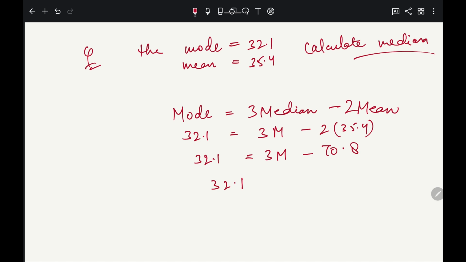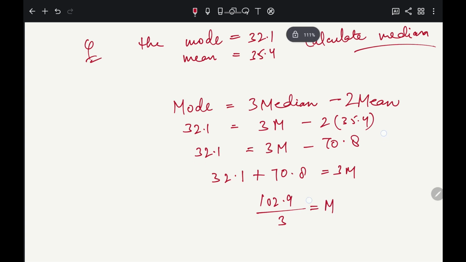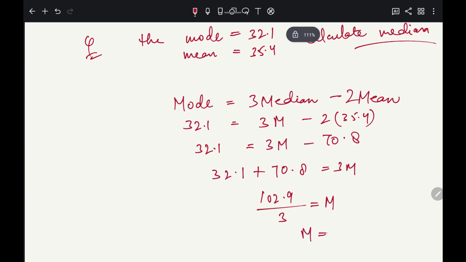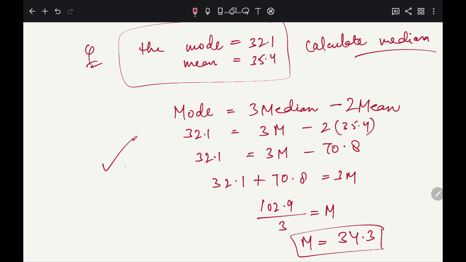So 32.1 plus 70.8 is equal to 3 median. 102.9 by 3 is equal to median, which is 34.3. So that's it for today.